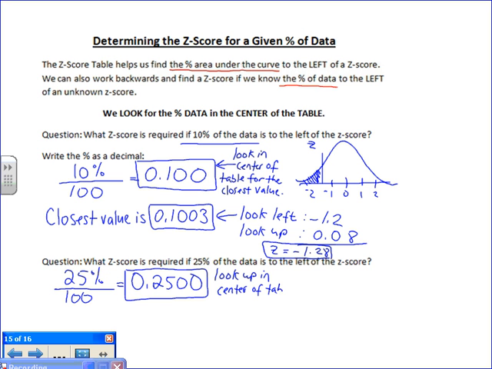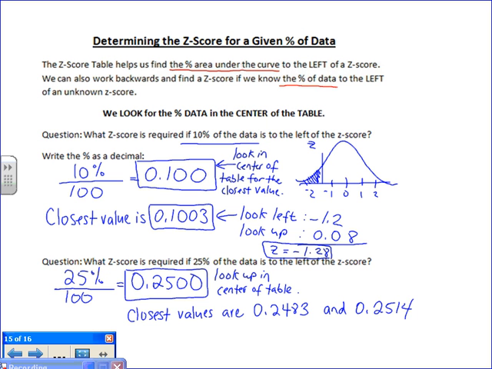I'm trying to find an area that's really close to 0.250. You will look around for this for a while, and what you'll find is that you see 2 values that are close. In this case, the closest values are 0.2483, which is a little bit below it, and the other value is a little bit above it, 0.2514.